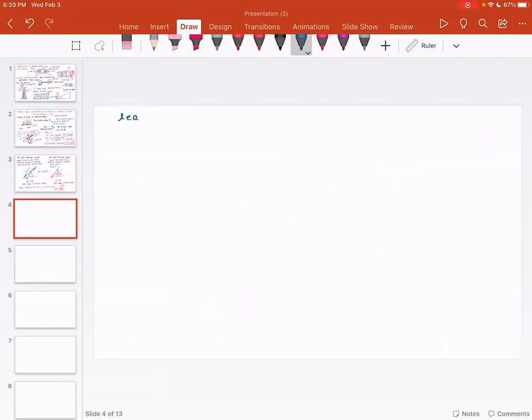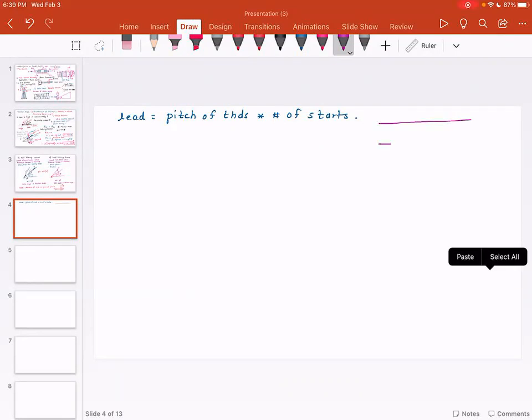So lead is equal to pitch of threads multiplied by number of starts. Now, what does this mean? Depending upon the application, you could have a single start screw. In the case of single start screw, you just have one helix that goes around the screw.